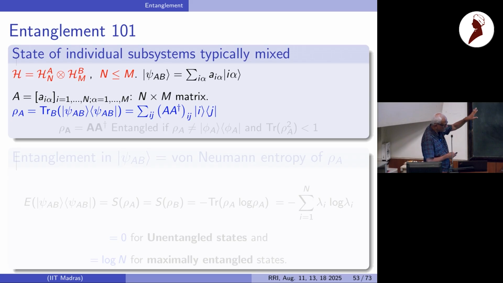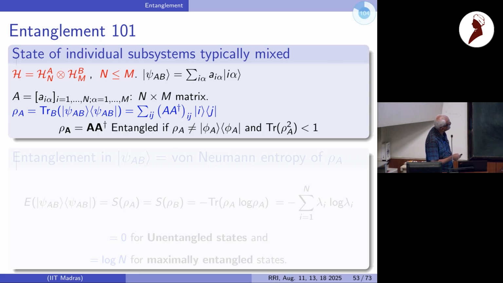You can calculate the observables and so on from rho A. And that, in terms of this matrix capital A, can be written simply as A A adjoint. Okay, so you can see immediately that it's a positive matrix, positive semi-definite. It can have zero eigenvalues, but it's positive. Its expectation value in any state is positive or equal to zero.